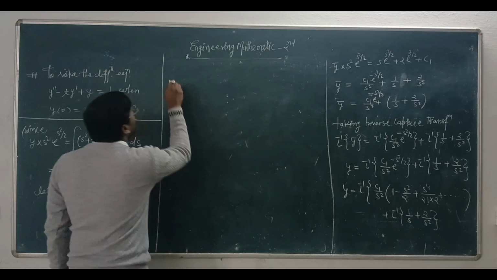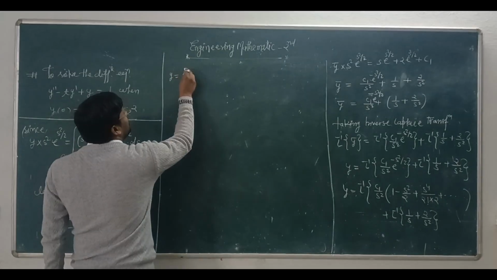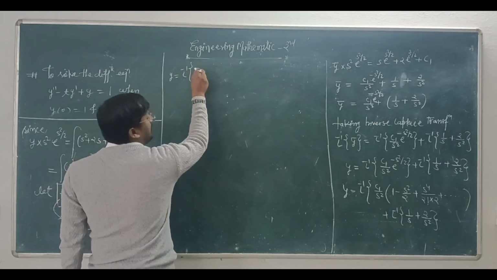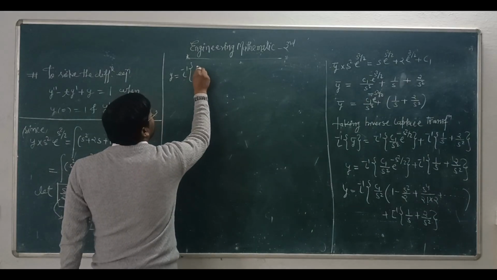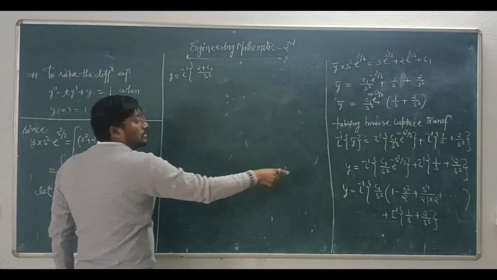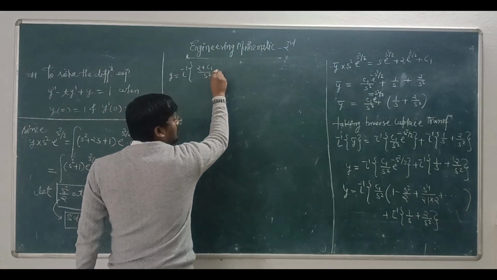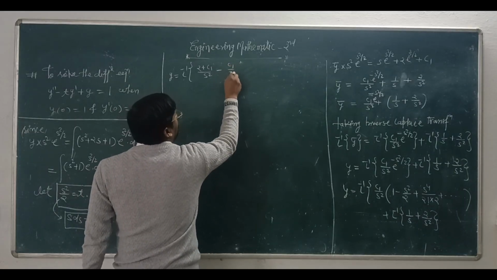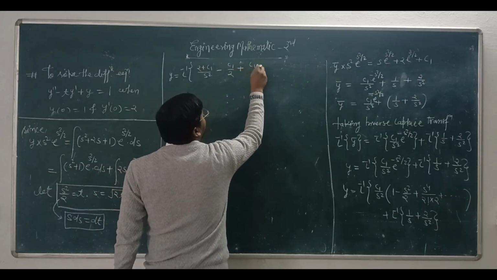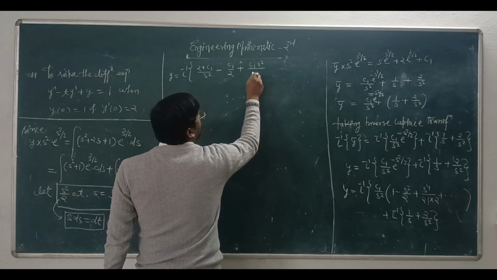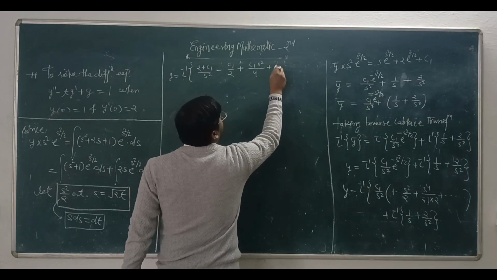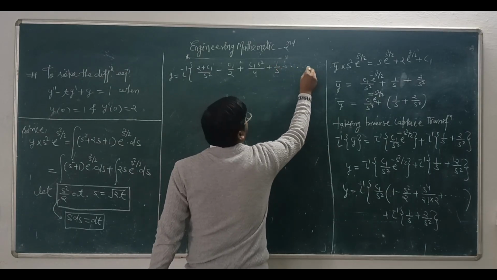Now you can write y is equal to inverse Laplace of 2 plus C1 by 2 s square minus C1 upon 2 plus C1 s square by 4 plus 1 by s minus dot dot dot.